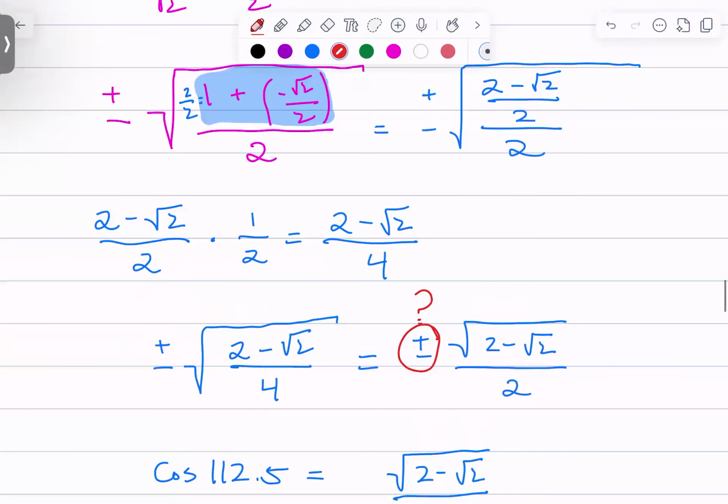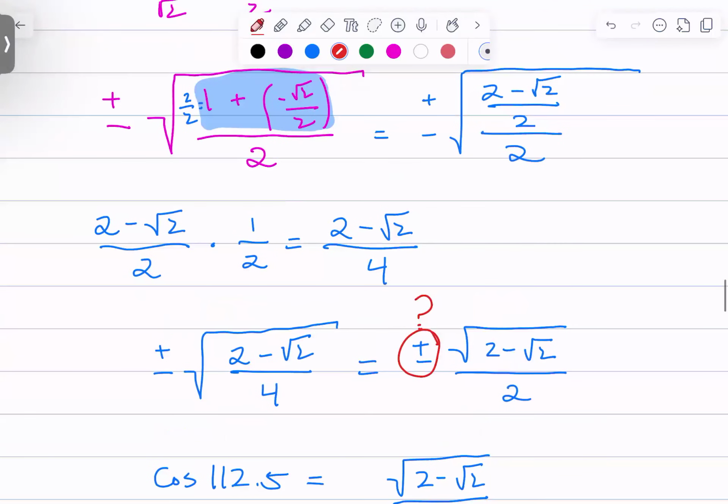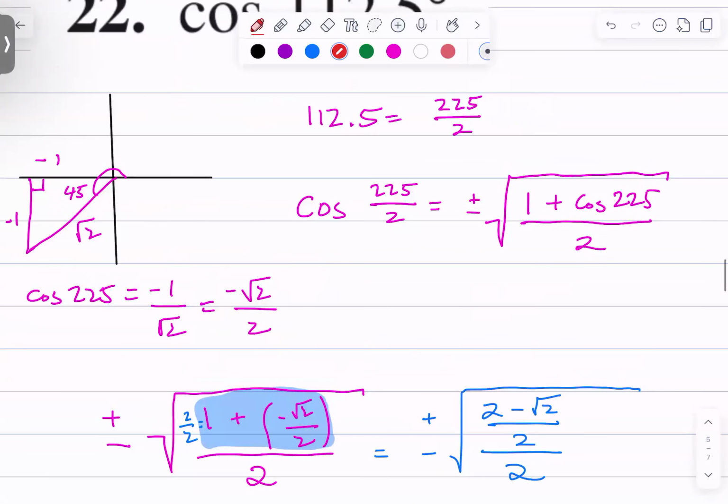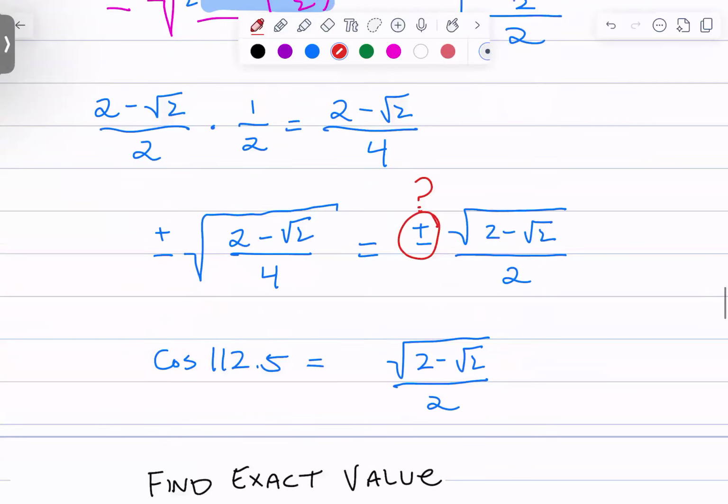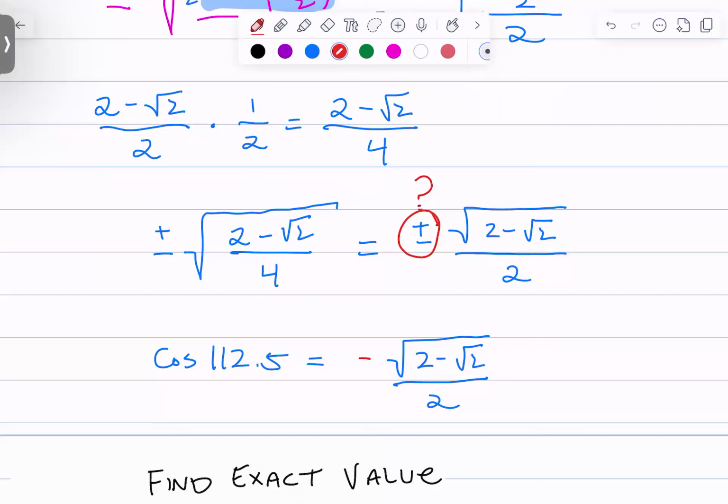If we go back up to the graph here, 112.5 is actually in my second quadrant, correct? Cosine there is negative. So if cosine in my second quadrant is negative, I know that this has to be negative.